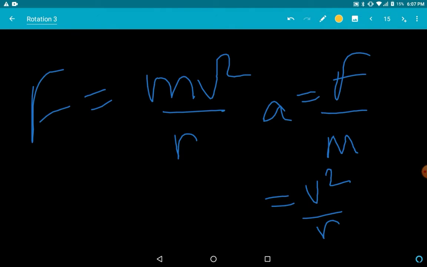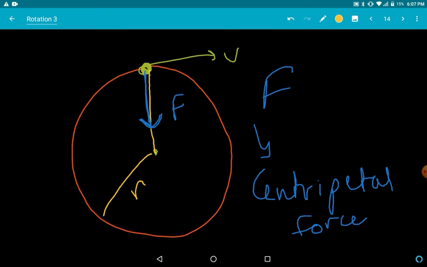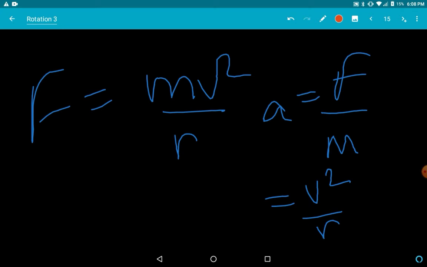The speed also you can say, no problem. And now the direction of this force is always radially inwards. Remember this, radially inwards, centripetal force, magnitude is mv square by r, acceleration is v square by r.